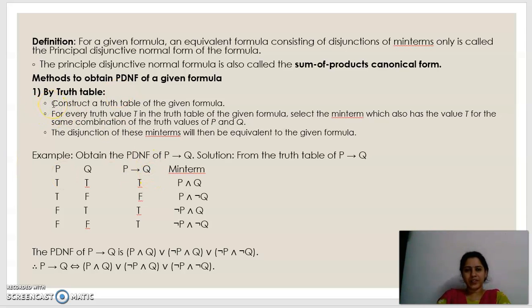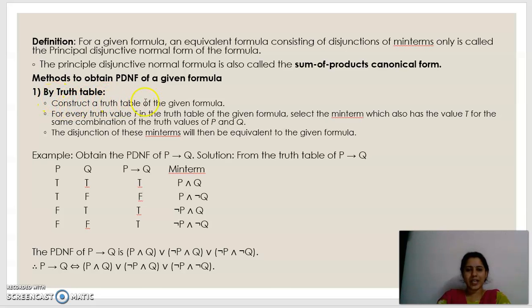Here we have two different methods to find the principal disjunction normal form: one is by using the truth table, and the other is by applying the formulas.